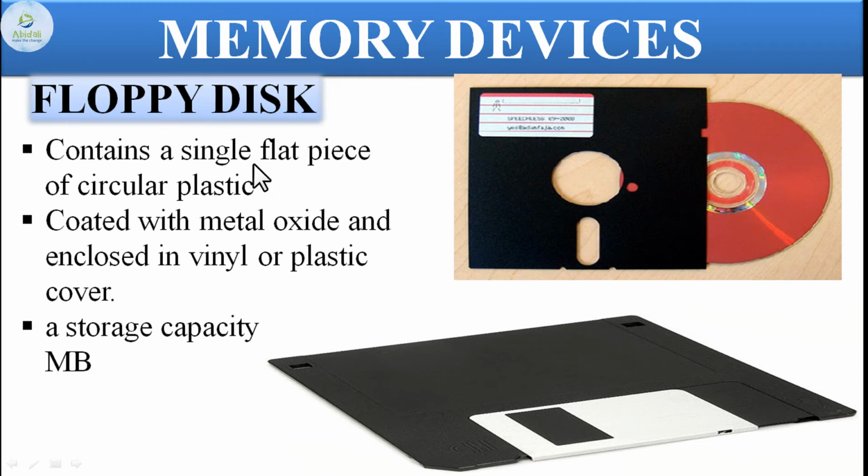This floppy disk consists of a single flat piece of circular plastic coated with a metal oxide and enclosed in a case made of vinyl or plastic cover, which protects the film.